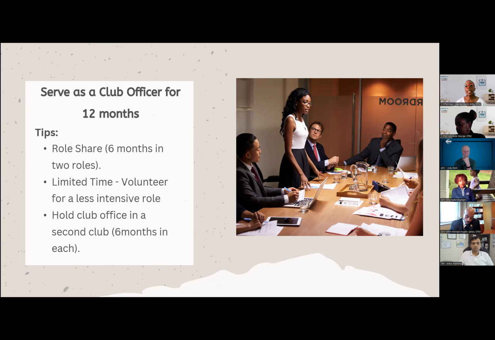So when you are looking at how do I satisfy my club officer commitment, keep in mind that you can do it in a 6-month chunk. And if you're in your first path, let's just say you're working on your first path and not your second one at the moment, you can do 6 months for the first year and then 6 months for the next year.